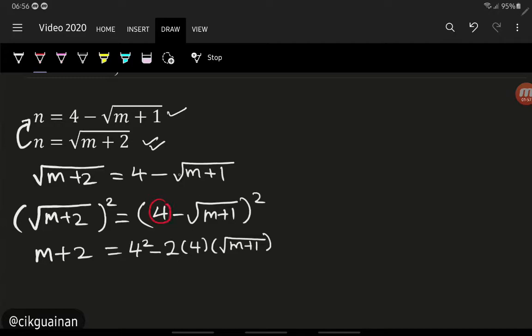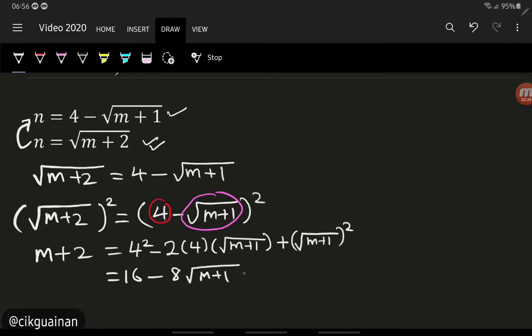This is A, sorry, I put it back. This is B, use pink, easy. And then plus B squared, like that. And then we simplify. So that is 16, that is minus 8 square root of m plus 1, and this is plus m plus 1.